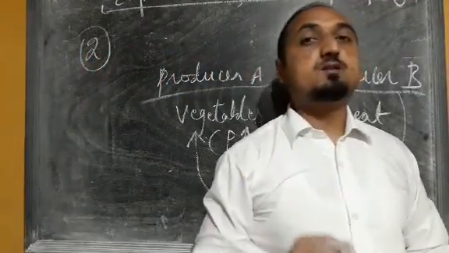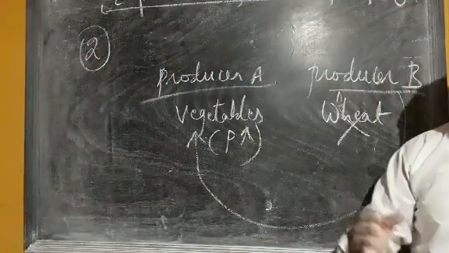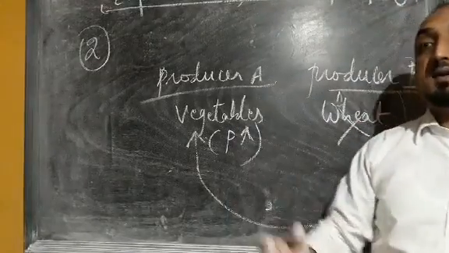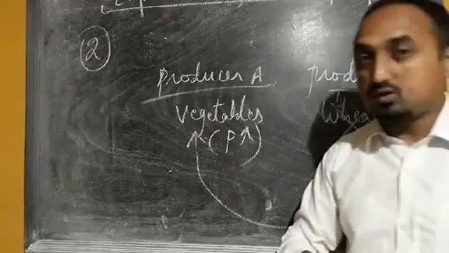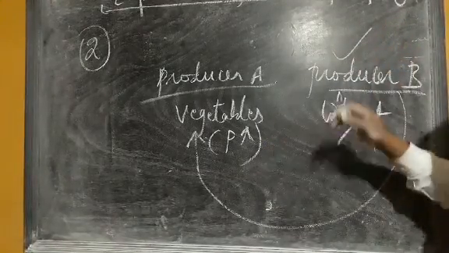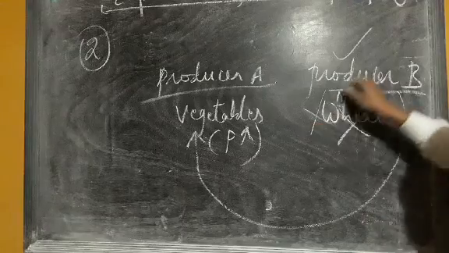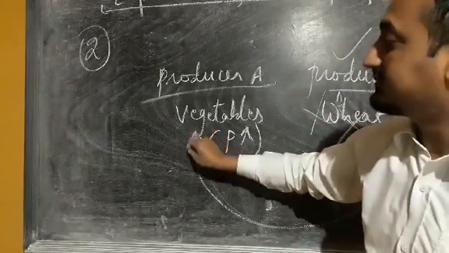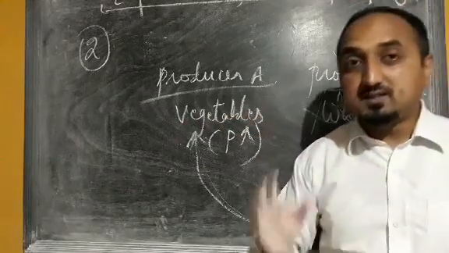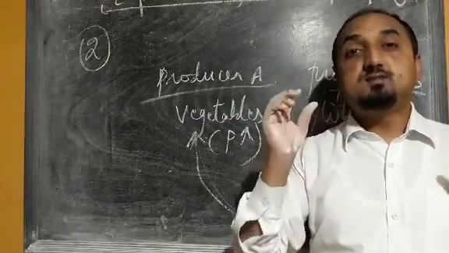Why? What is the reason behind that? Because when other producers see that the profit margin in this vegetable is more, then producer B or the other producers will stop producing wheat and shift towards the production of vegetables, because in the case of vegetables the profit margin is more.